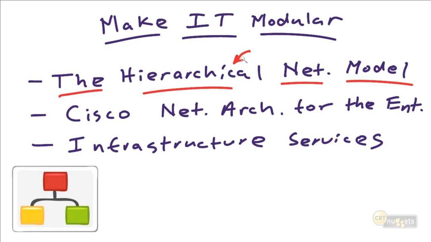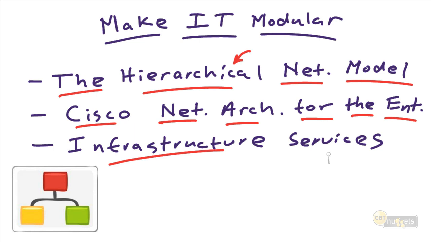Next, we'll look at the Cisco network architecture for the enterprise. That's right, Cisco says, look, we'll give you an example model that would fit almost all networks out there today. Wow. So we'll take a look at that model and we'll see again how very modular it is.